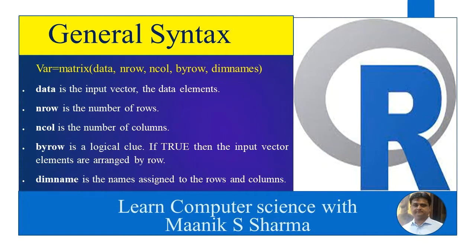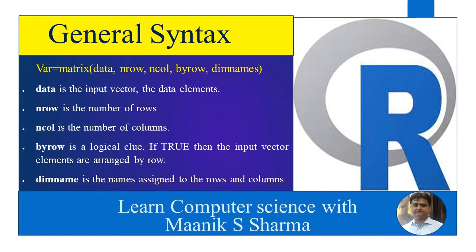If TRUE, then the input vector elements are arranged by row. dimnames is the names assigned to the rows and columns. Further, it needs to be noted that there is no need to mention all these parameters while creating a matrix.